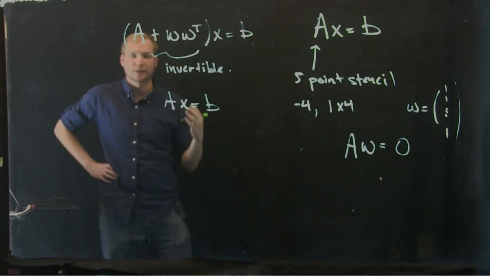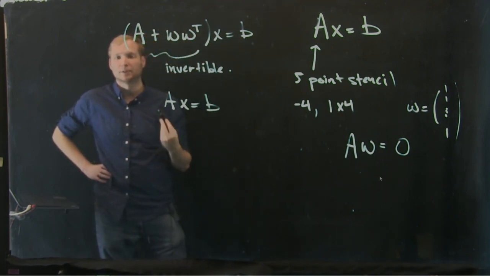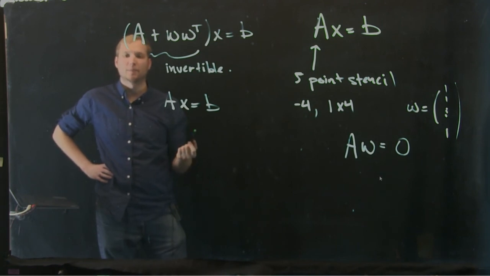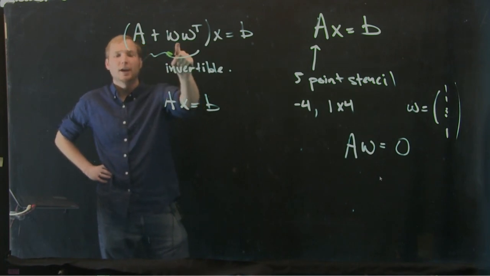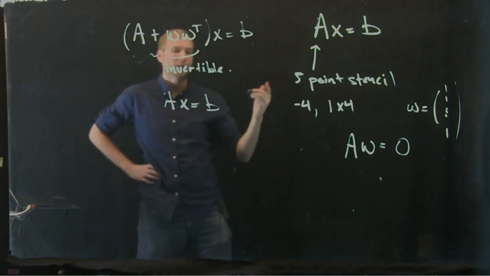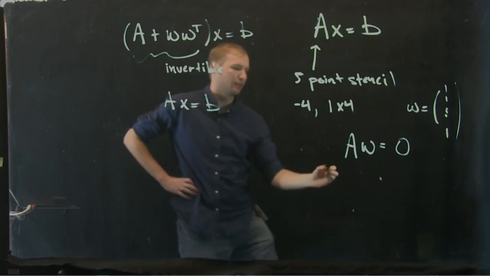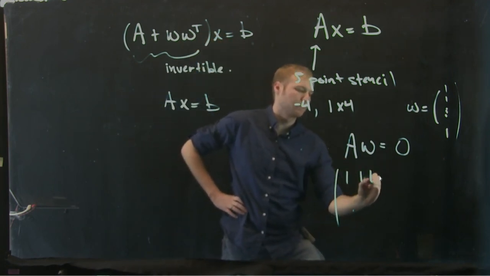Okay. So because it's sparse, we can use the nice built-in LU decomposition for sparse matrices that MATLAB has, which has a much faster running time. Once you add w w transpose, right, w w transpose just looks like a matrix of all ones.